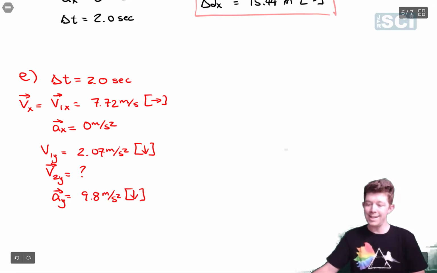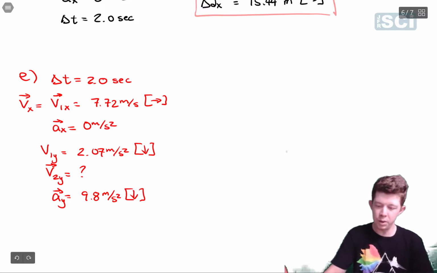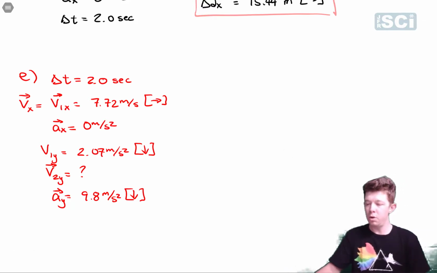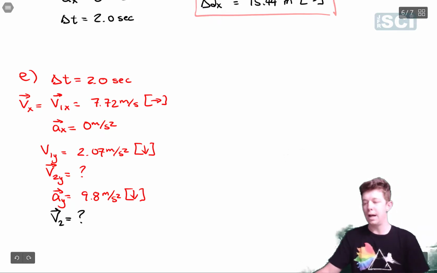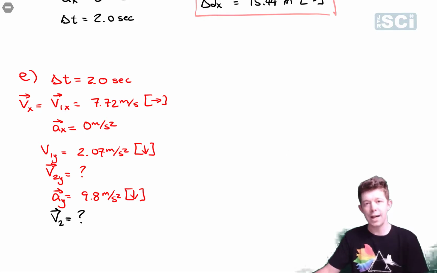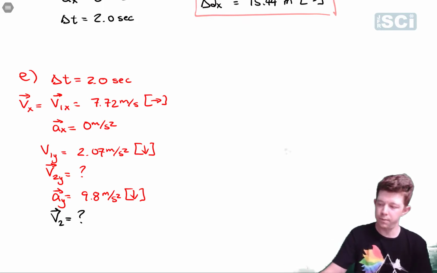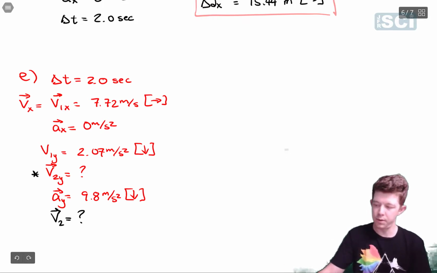So first, if I'm going to determine the overall velocity in the final situation of this case, I need to know how fast vertically it is moving at 2 seconds.